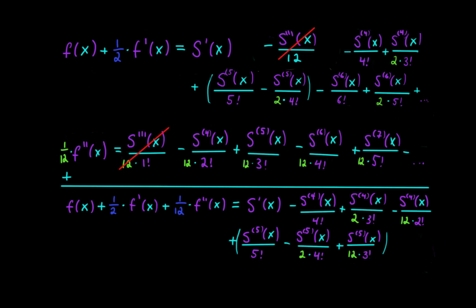Minus s6 of x over 6 factorial plus s6 of x over 2 times 5 factorial minus s6 of x over 12 times 4 factorial plus dot dot dot.